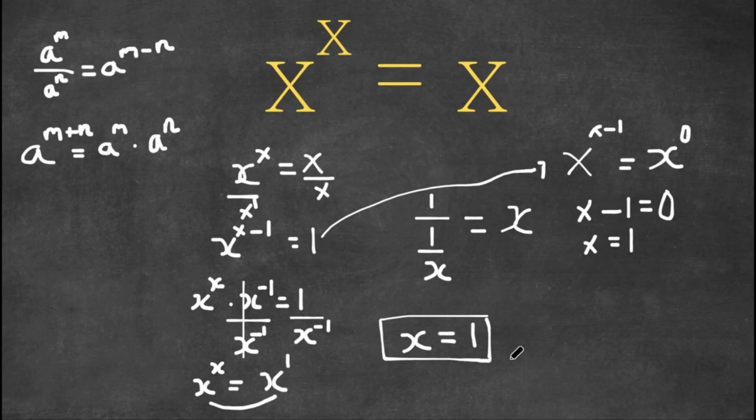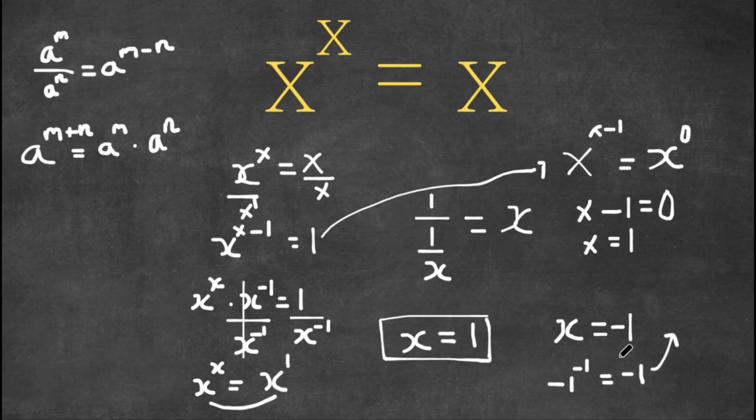However, there is actually another solution to this problem: x equals negative 1. This would also work, because if we plug this into our equation, negative 1 to the power of negative 1 equals negative 1.